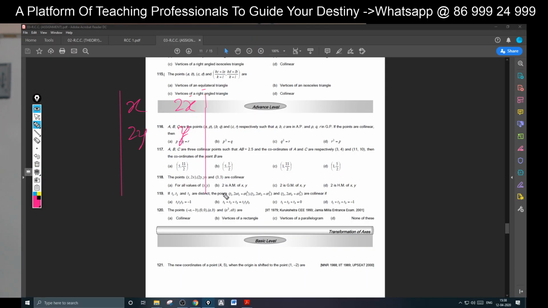Let us take the area now. x, 2x; 2y, y; 3, 3; and again x, 2x. It must be 0.